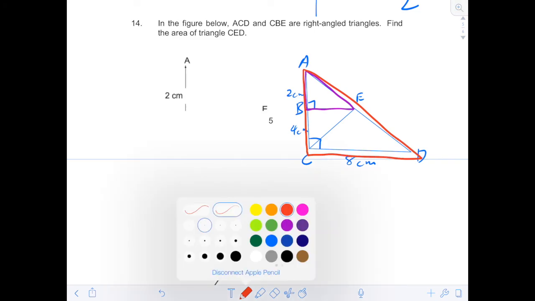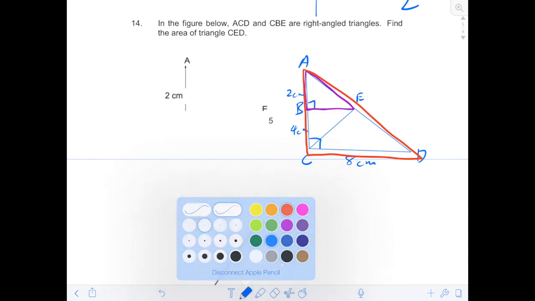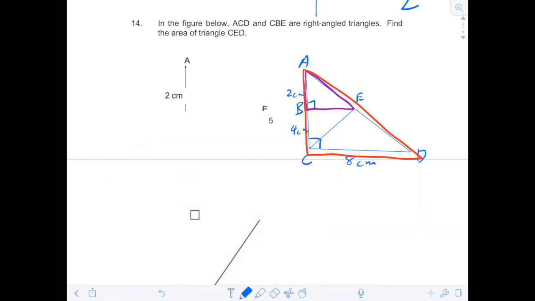So first, I'm going to start by doing up the ratio. AB is to BE is 2 cm is to we don't know what.